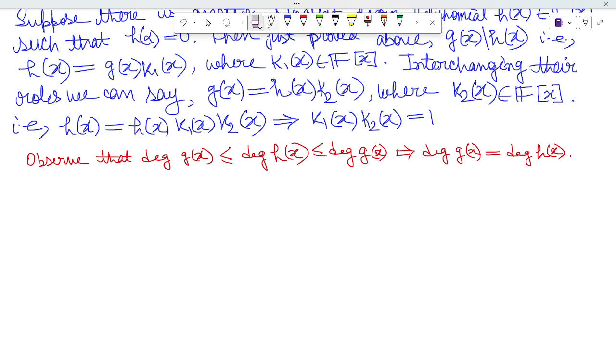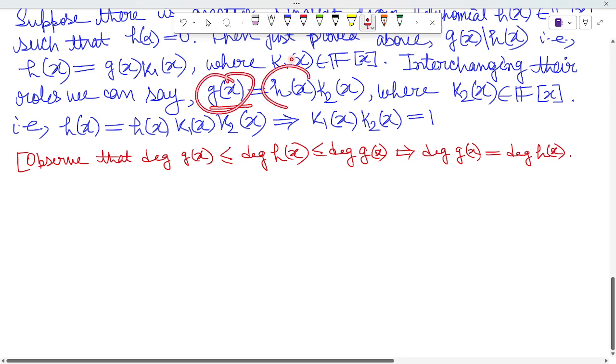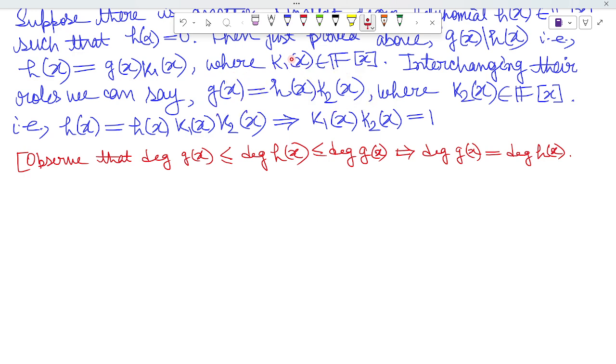So degree of g(x) equals degree of h(x). But then, if the degree of this is the degree of this, then k1 is a scalar. Also, k2 is a scalar, because if it were non-scalar, say some non-zero power of x, its degree would increase by 1, but its degree is exactly equal to this.